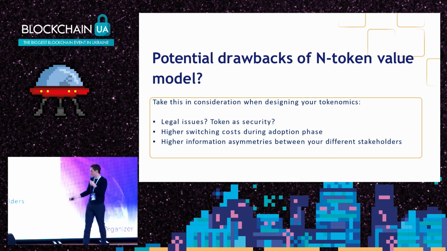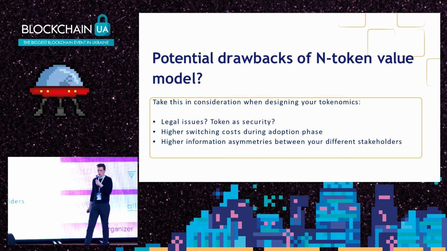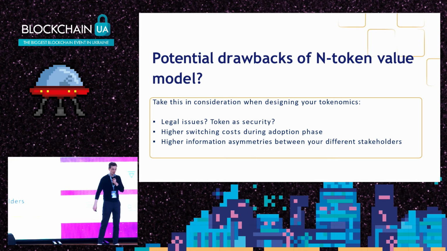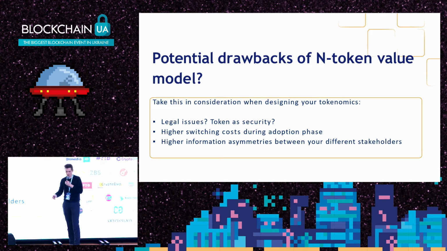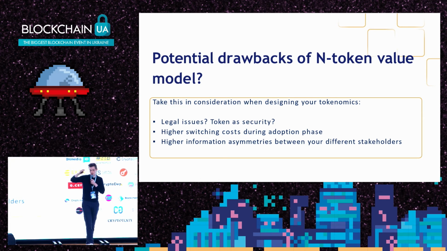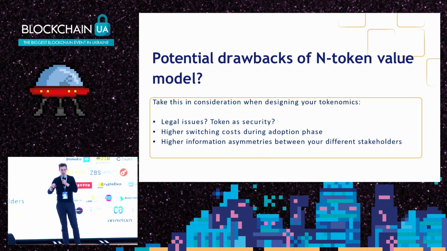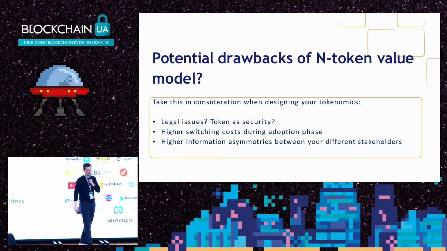And the last one is what we call information asymmetries, because in your design you can have side effects where some token holders have more information about how it works and how they can basically cheat the system. We figured that in our network we use sharding, but between the shards you need some intermediaries to transfer liquidity from one shard to another.